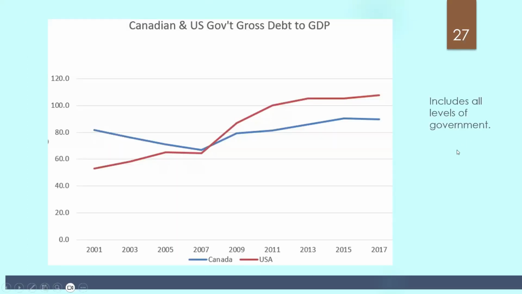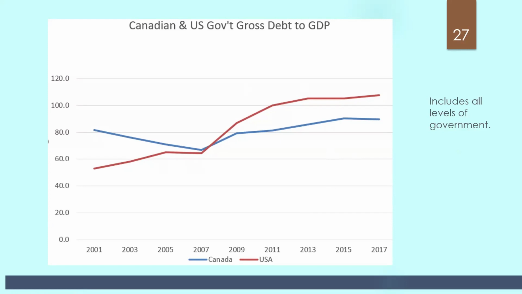So if we compare our Canadian gross debt to GDP versus the US, the US has a higher amount of debt to GDP than Canada based on this ratio, but they can take that on because they have a strong currency.